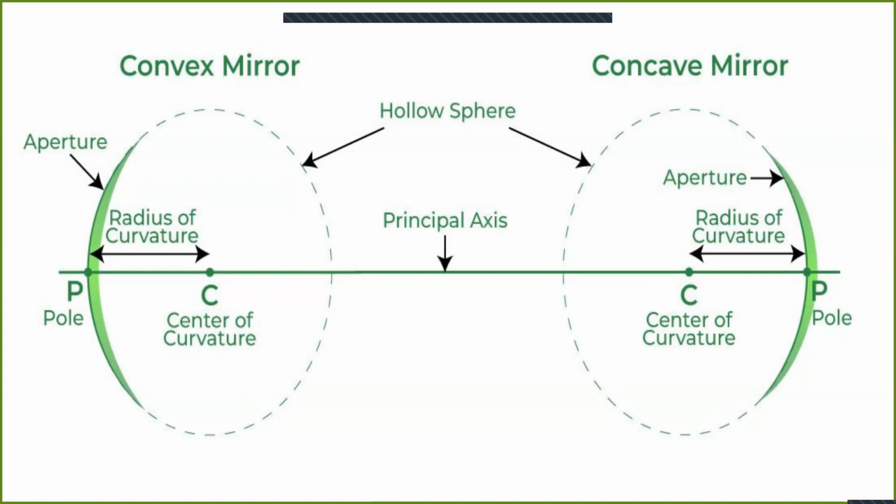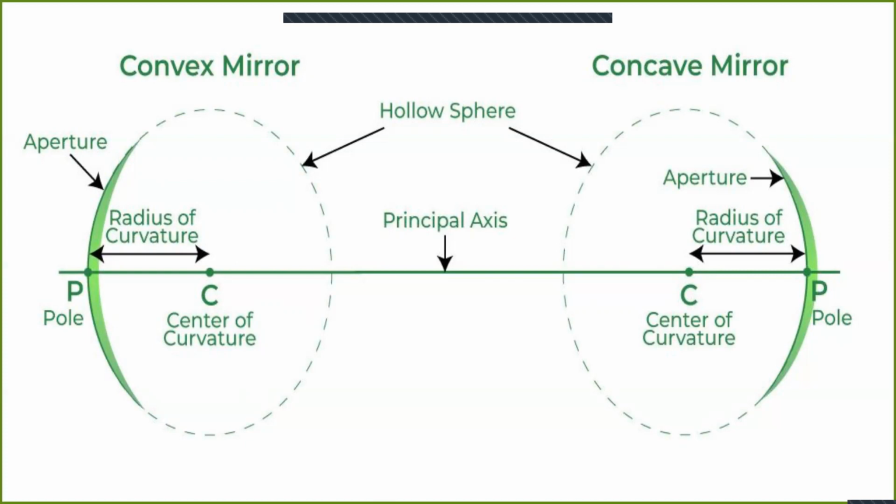Clear? Next, come to the concave mirror. In the concave mirror, the inward part is reflecting and the outward part is polished. In the inward part, the center point is called the pole. When we assume the concave mirror as a sphere, the center of that circle is called the center of curvature, and the distance between the center and pole is the radius of curvature.